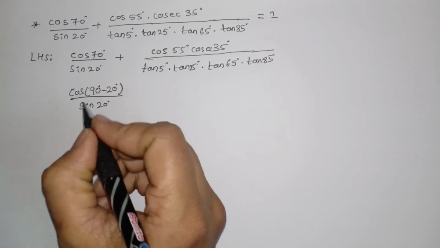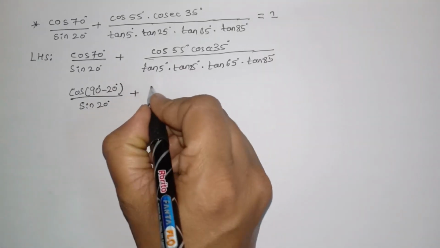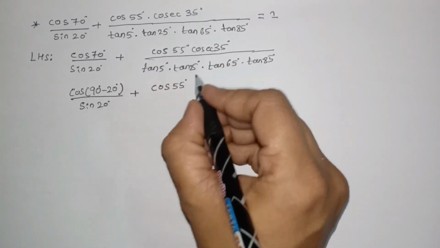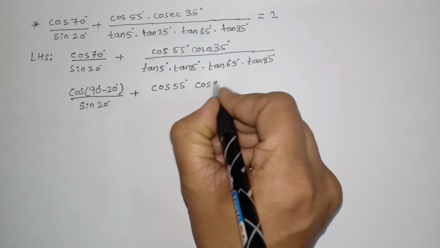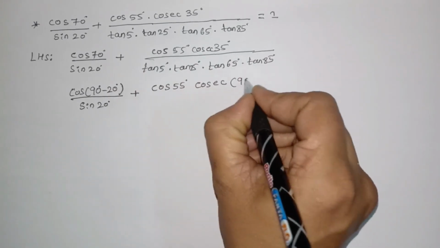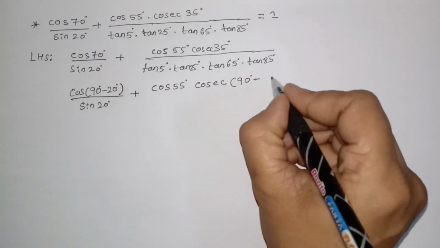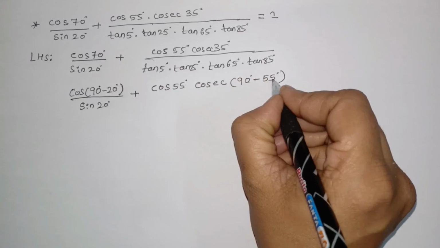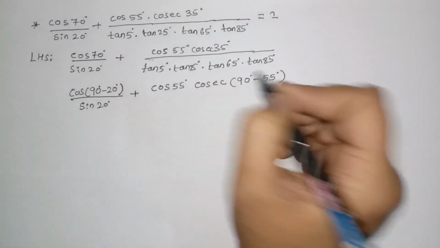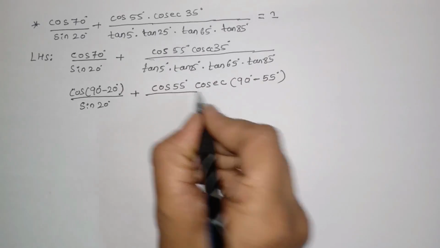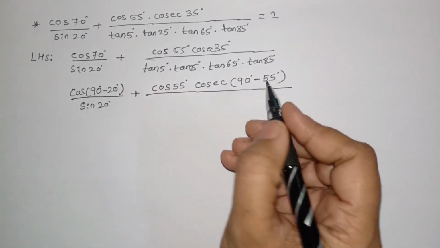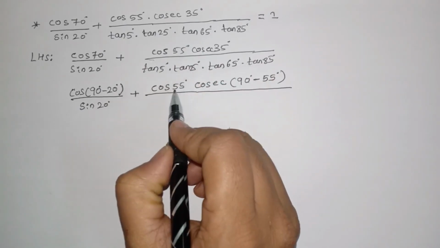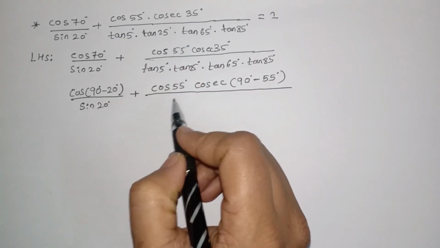degree. So we will keep the denominator as it is, plus, so keep cos 55 as it is. Cosec can be converted as cosec 90 degree minus 55 degree. So 90 minus 55 is 35. So this is how we can change them into their complementary angles. So at the denominator also, out of these 4 tan terms, any 2 terms we can change as their complementary angles.